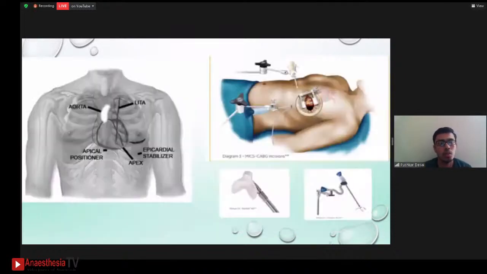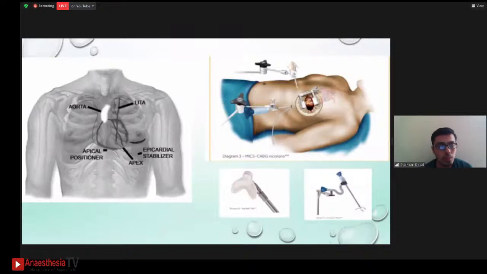So this is a schematic diagram basically showing how to access during the MIDCAB. The incision is usually in the left 5th intercostal space. It is an anterolateral incision. After the incision, you can see the cardiac apex, the left internal thoracic artery, LAD, and all the branches of the coronary arteries in MICS.